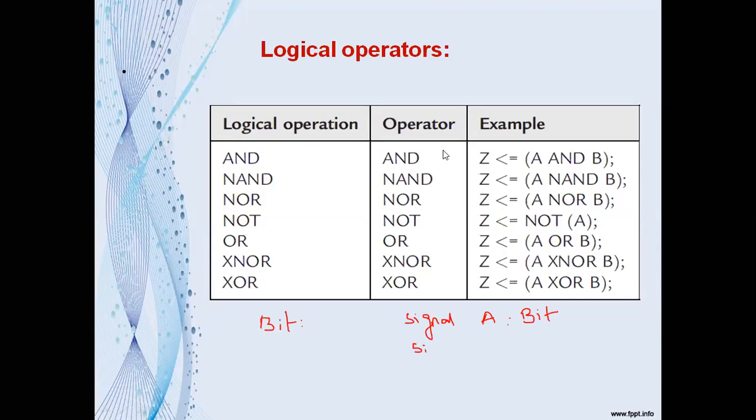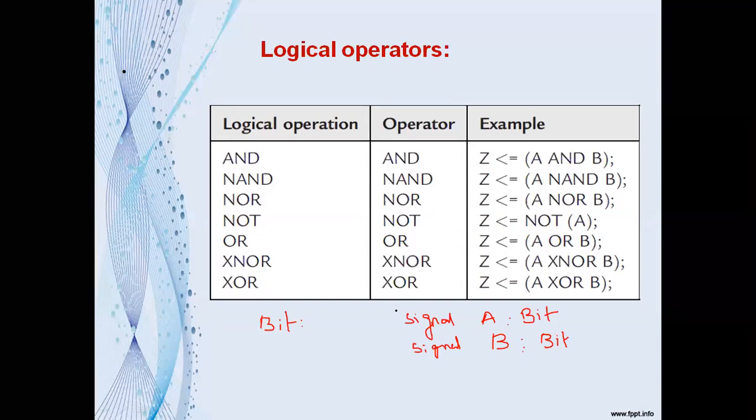Now declare the other signal. Let the second signal be B, which is also of bit type. So signal A colon bit, signal B colon bit.